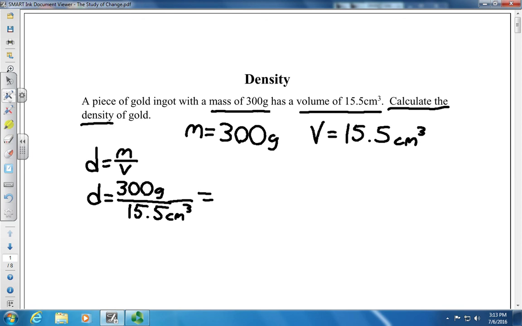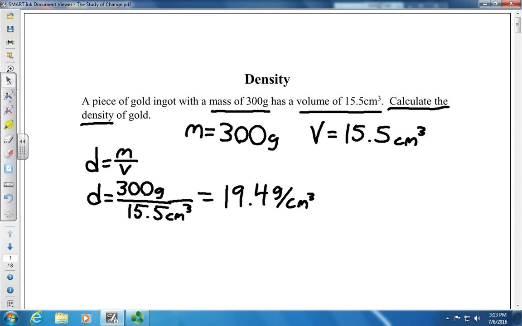And if you do the calculation and put it through your calculator, or you can do it by hand, you'll find that gold has a density of 19.4 grams per cubic centimeter. And that's it. That's how you do a problem that looks like this.